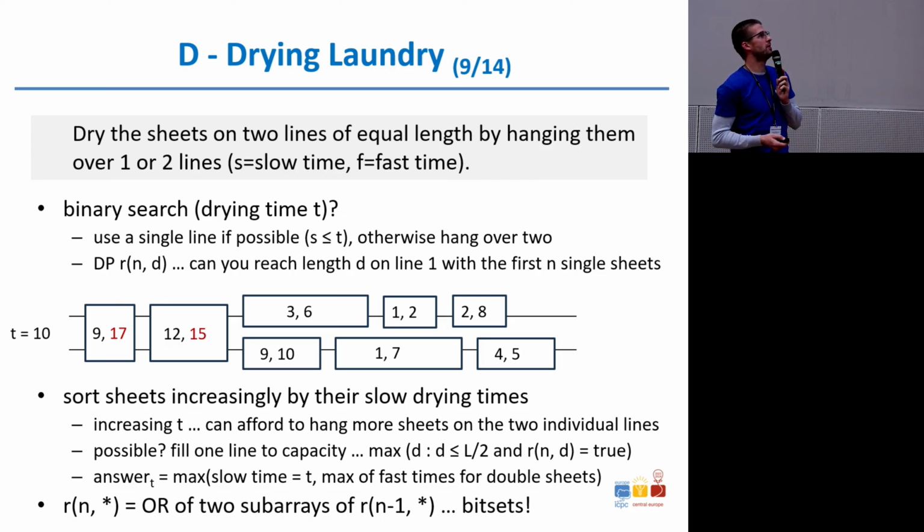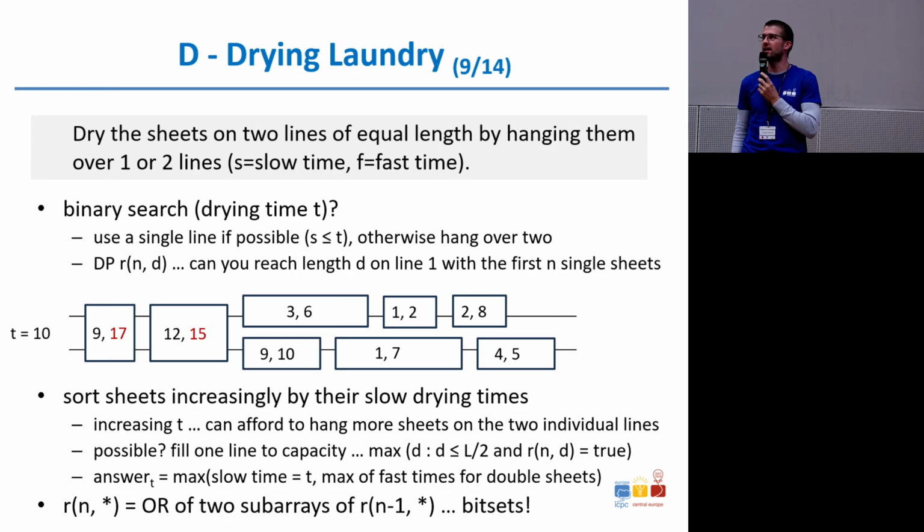So what is the minimum drying time required to dry all of these sheets? So basically you could hang all of them over a single line if they fit on, but it might take long. So the question was, how many can you afford to put over 2 lines while still fitting the rest of them on whatever remains? Okay, so the first idea is to use binary search.